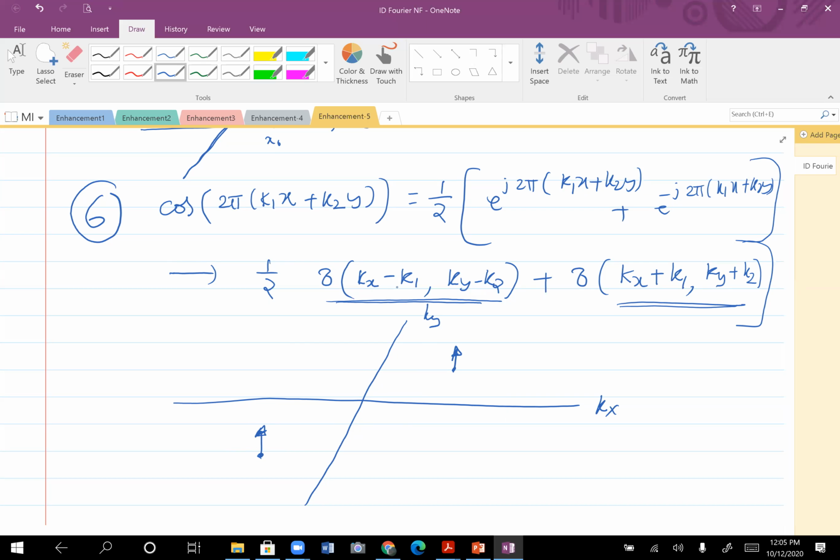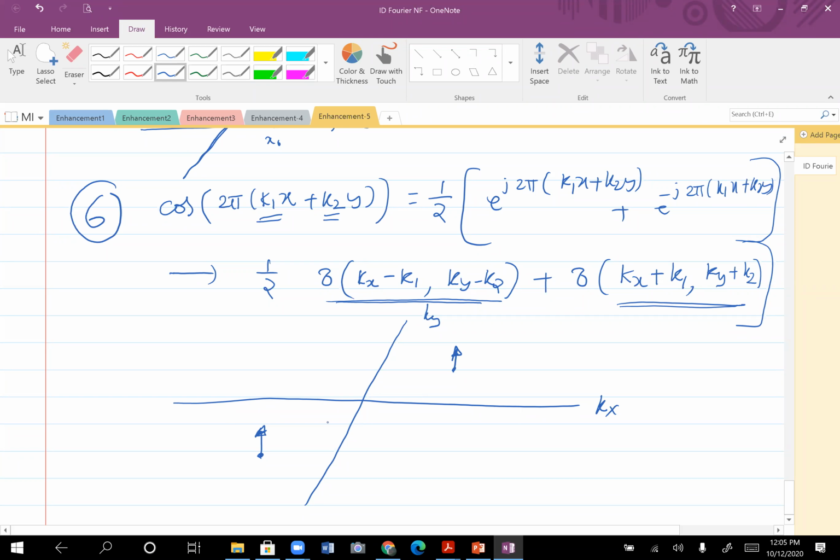Now suppose I have a cosine in the Fourier frequency domain. Then what kind of things can I expect in the time domain? Impulses. So from the impulse diagram itself, you should be able to tell, for example, when k1 and k2 are positive, in which direction it will be periodic.